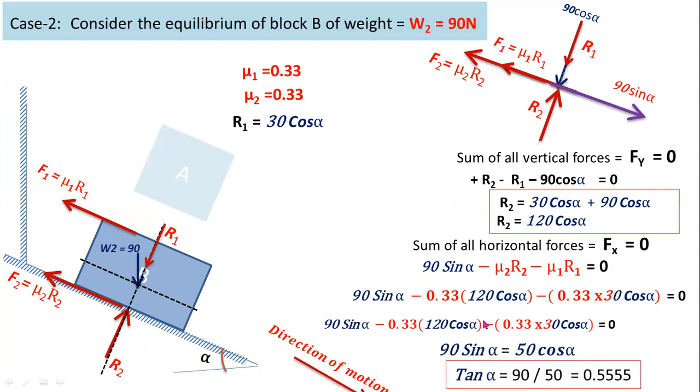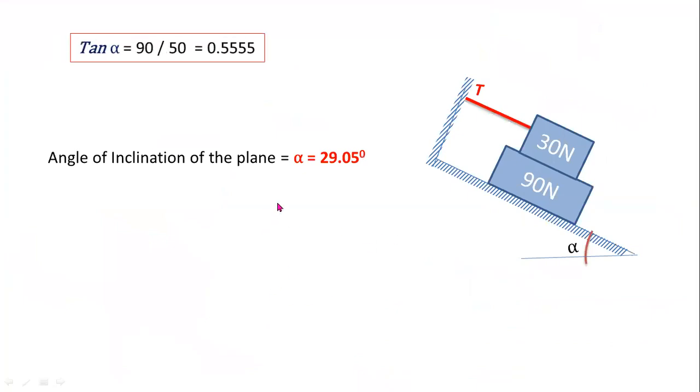Now alpha equal to tan inverse of 0.555. Alpha equal to 29.05 degrees. Sorry, alpha, the angle of inclination of the plane, equal to 29.05 degrees.